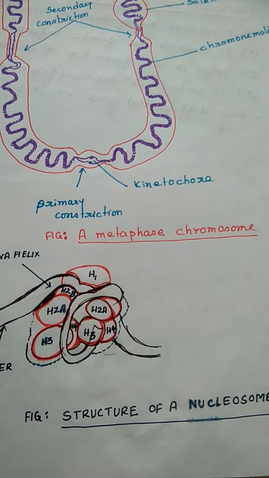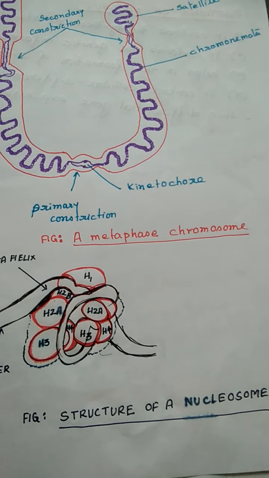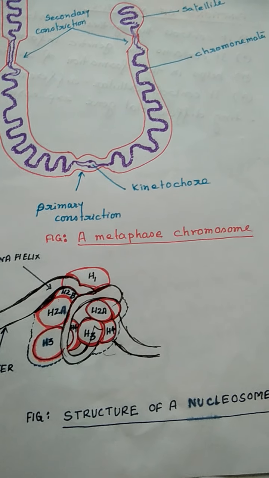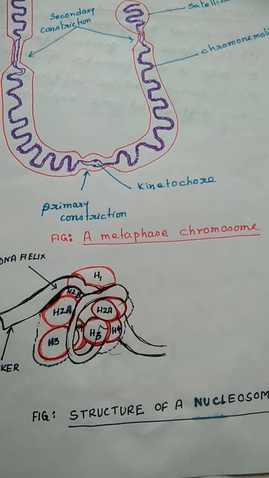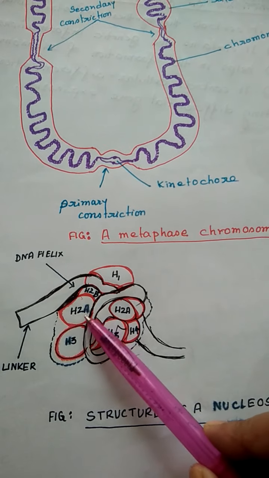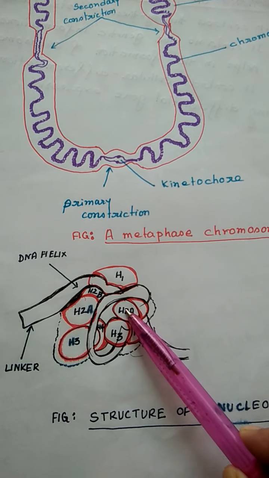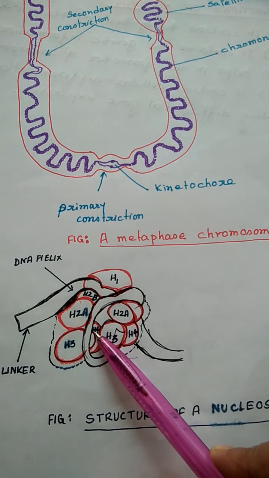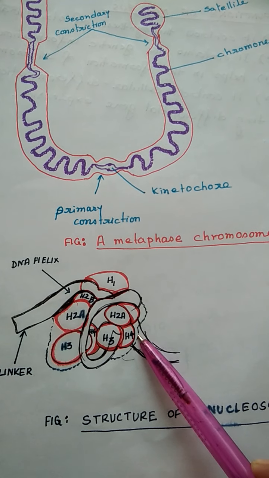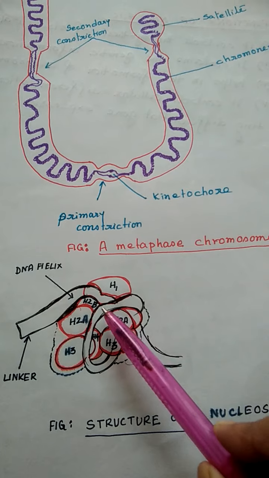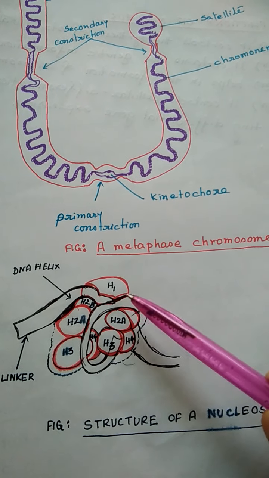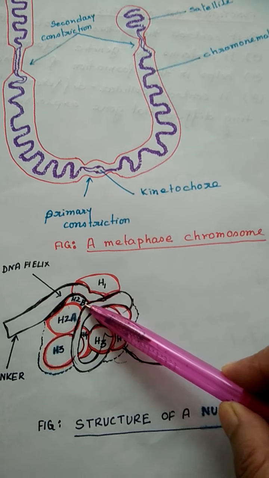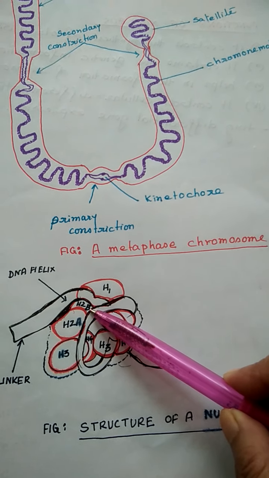This core complex is formed of a histone octamer, that is four types of histone, two molecules each: H2A, H2A, H2B, H2B, H3, H3, H4, H4.